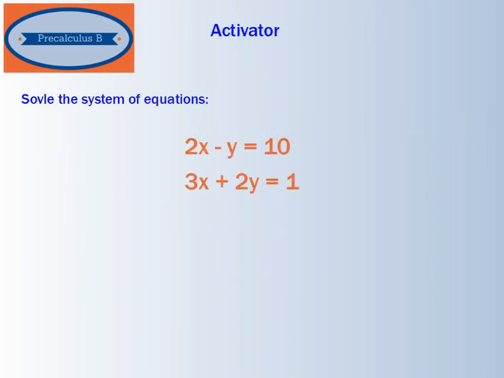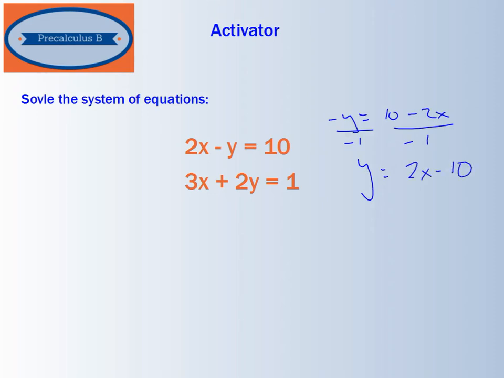Going back to the activator, I likely would have approached this problem by starting out by solving for, say, y. I would have said, negative y is equal to 10 minus 2x by subtracting 2x from both sides. Divide by negative 1. That way you get y is equal to 2x minus 10.